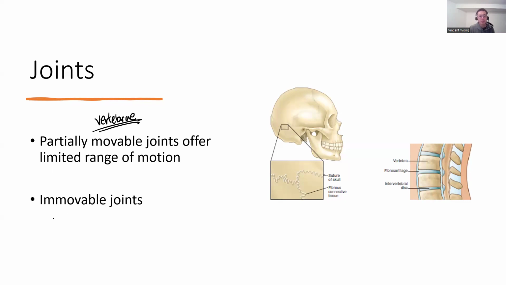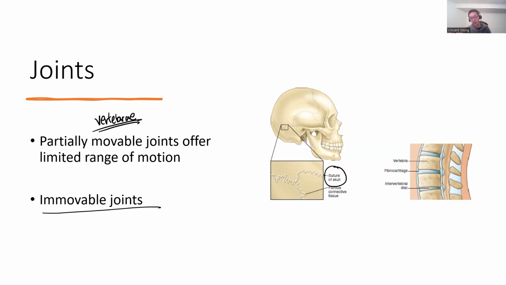And then there are immovable joints. Immovable joints, as the name implies, don't create any kind of motion. So you will find them in the sutures in the head. Okay, so these lines, that's where the bones join together, right? During embryonic development, your body slowly converts the cartilage into bones, during the process called ossification.